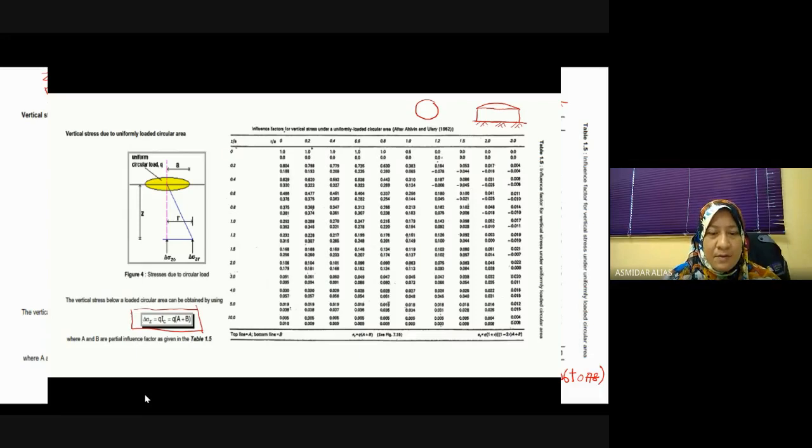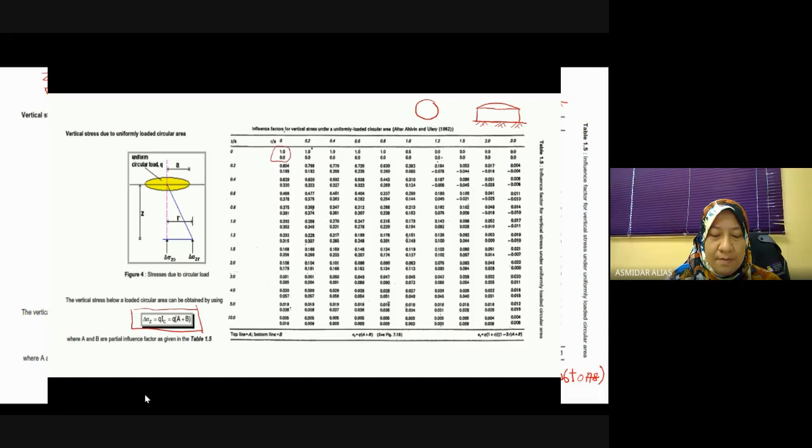For example, 0 and 0 for Z over A and R over A. You have 1 point and 0 at the bottom. So the upper value is the A value and the bottom value is B. So that is how you interpret the equation.